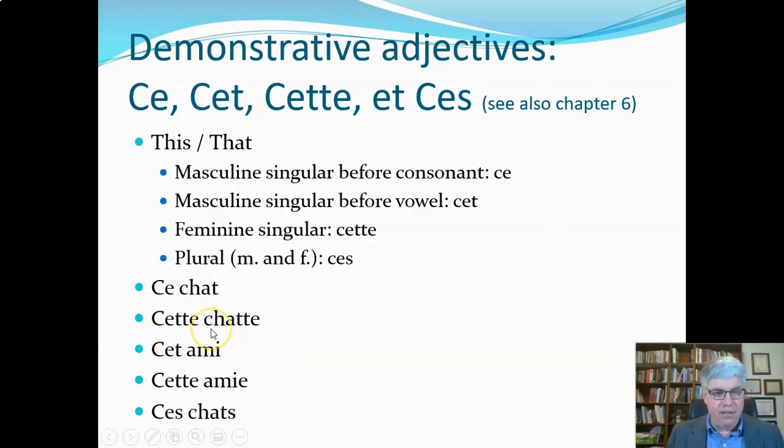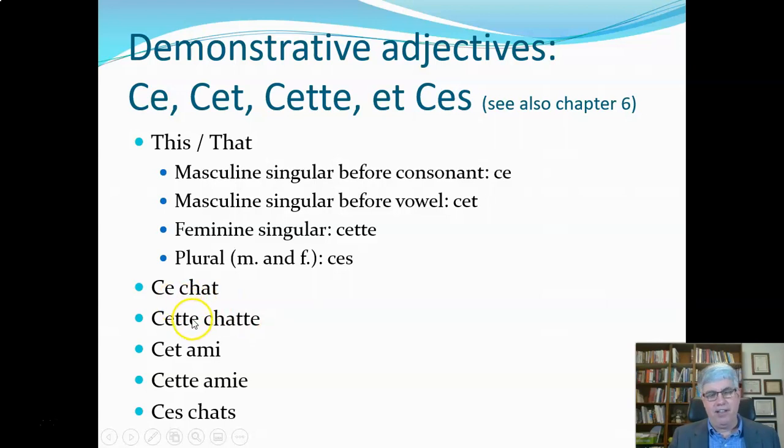And if you want to speak of a female cat, you use C-H-A-T-T-E. We add a feminine ending to it. We double up the consonants and add the E, and that makes it a female cat. Now normally, if you see a female cat, you're just going to call it a chat.